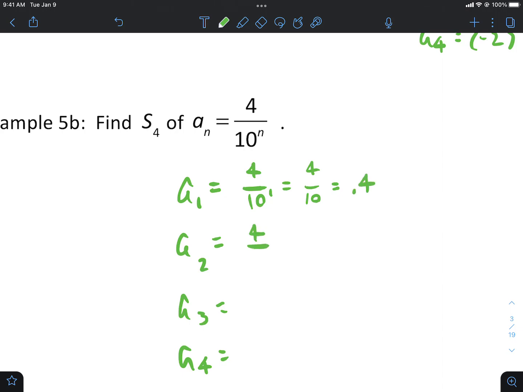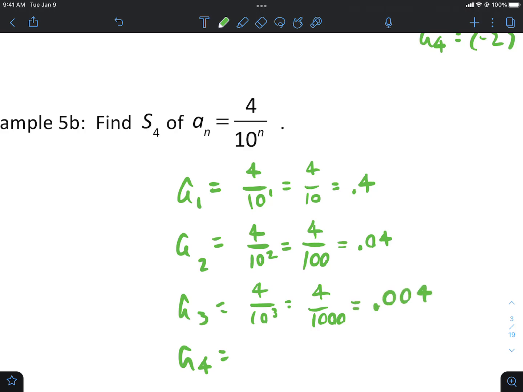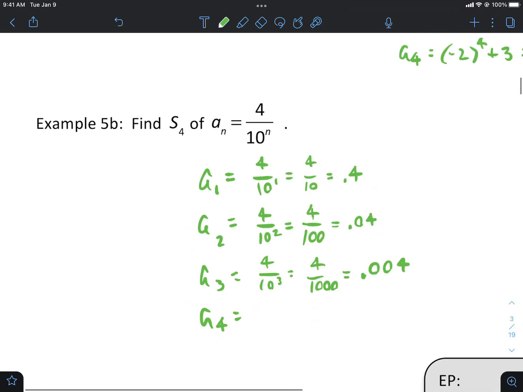A sub 2, that'll be 10 squared in the denominator, so 4 over 100. That's actually going to be 0.04. Okay. A sub 3, 4 over 1,000. If you type that in the calculator, 0.004.